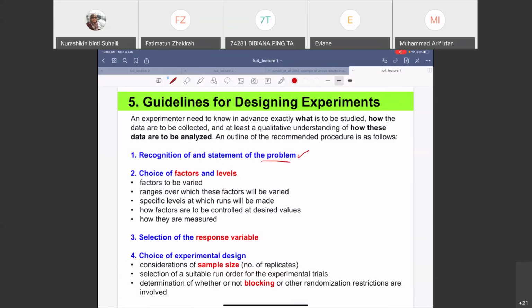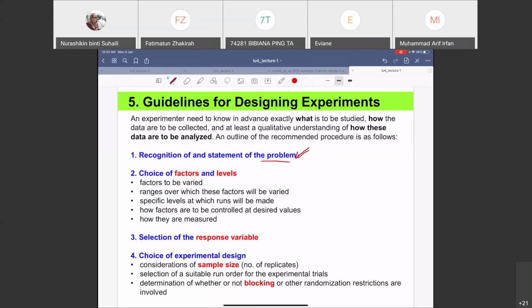For example, there is a certain rare species, and you want to study it in Sarawak. The reason is that it has not been studied before, and maybe the species is rare, unique, and not similar to other species. So that is the motivation. So you have to know the problem, the reason why you do the research. Okay, so that is the very first thing that you have to know before you design an experiment.